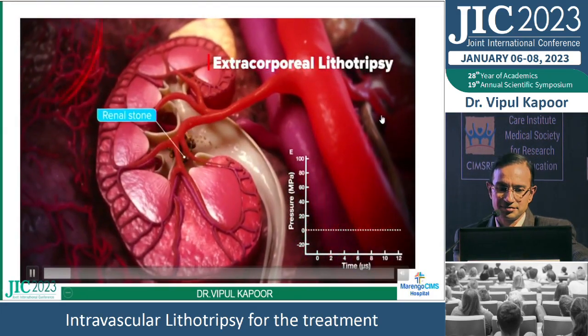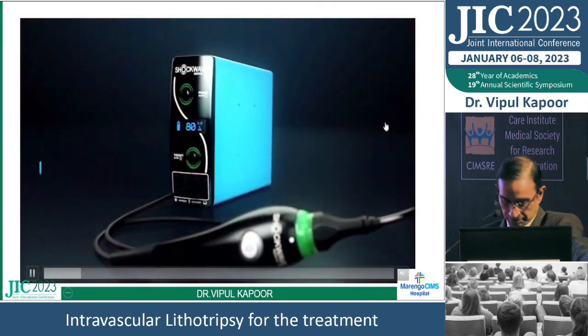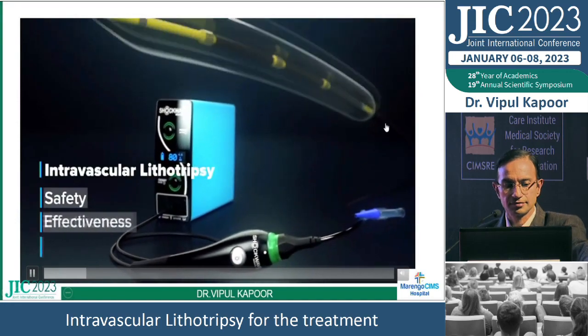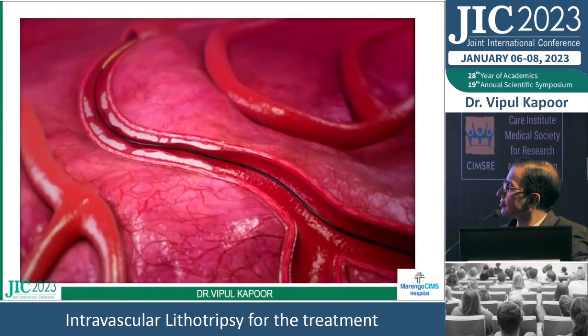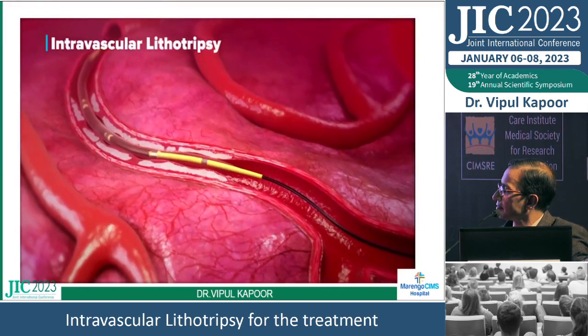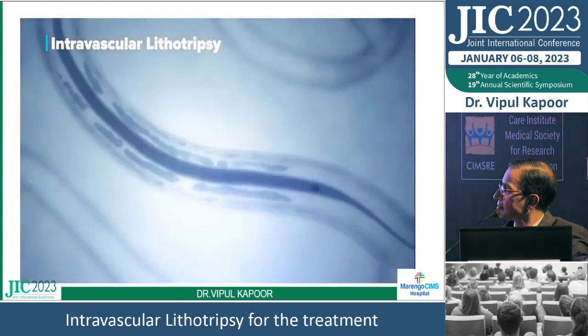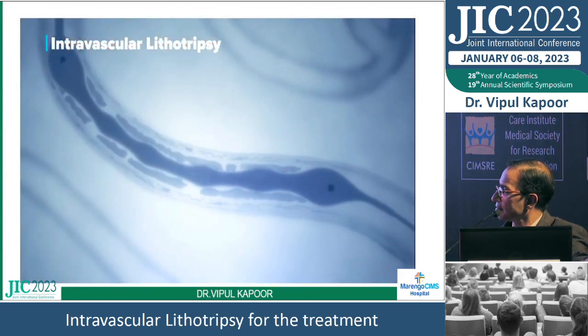IVL builds upon the principles of lithotripsy used for kidney stones, with adaptations made for safety, effectiveness, and ease of use to modify cardiovascular calcium. Far less energy is needed with IVL than traditional lithotripsy because the lithotripsy source is in close proximity to the calcium and the goal is only to fracture it, not pulverize.